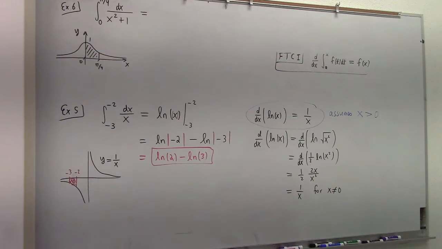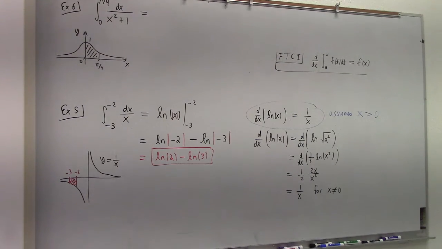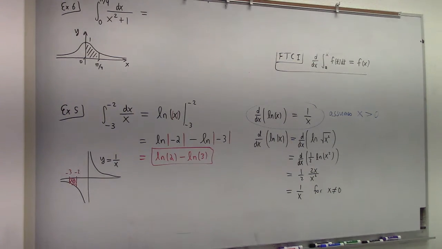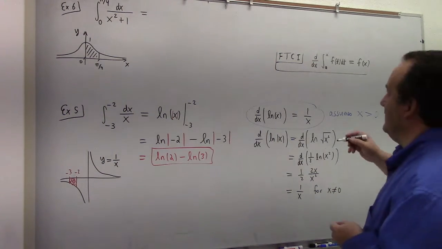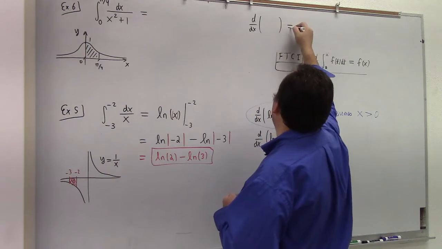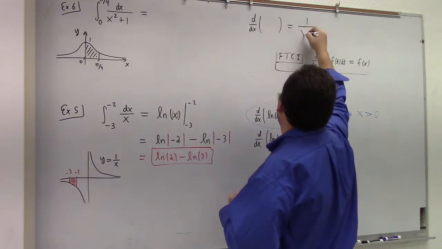What's the antiderivative of 1 over x squared plus 1? Let me rephrase it. d dx of what function gives us 1 over x squared plus 1?